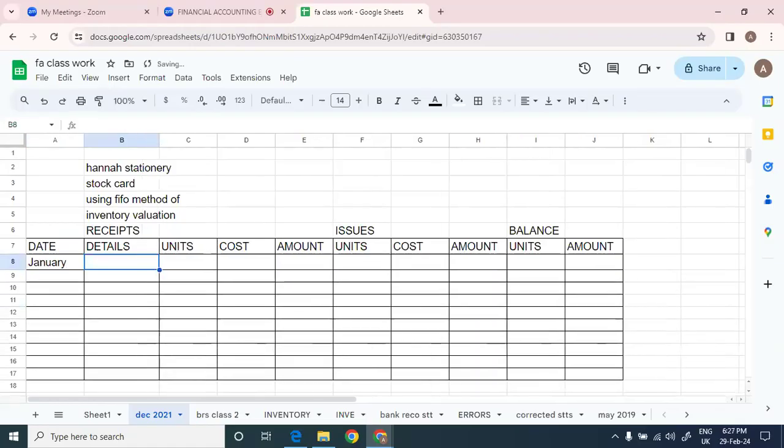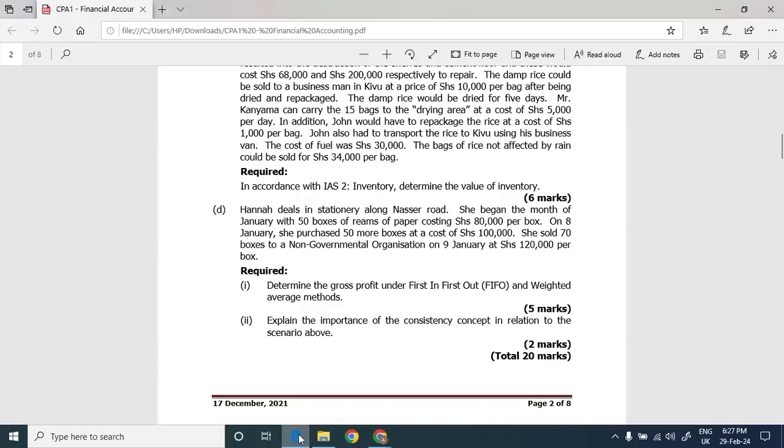So we check the details. They are saying that we are buying 50 boxes, each box 80,000 shillings.